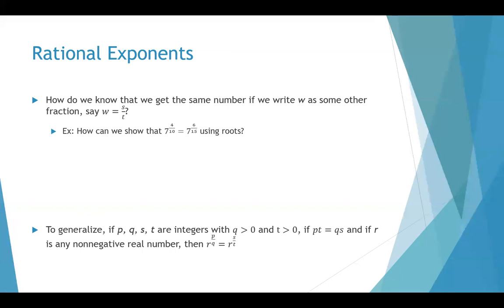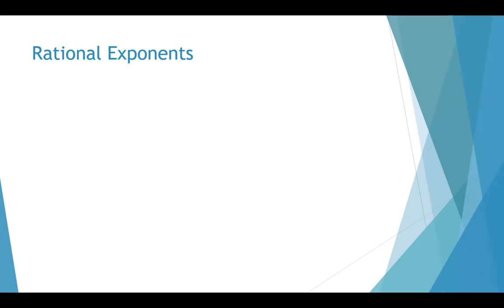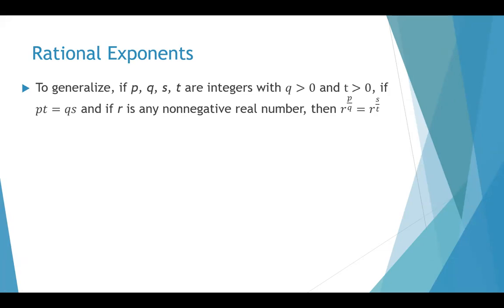And can we generalize if p, q, s, and t are integers with q and t both greater than 0, if p times t equals q times s, and if r is any non-negative real number, then r to the p over q is equal to r to the s over t?